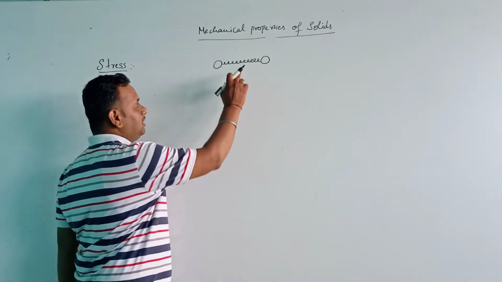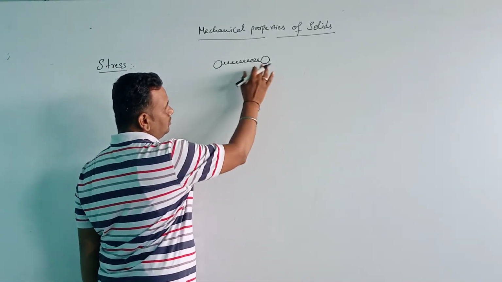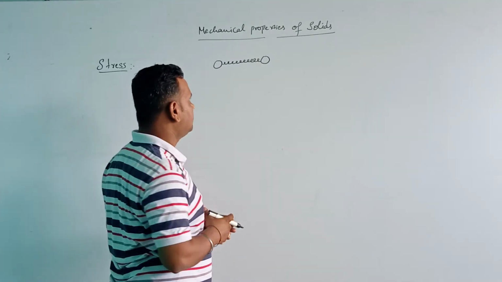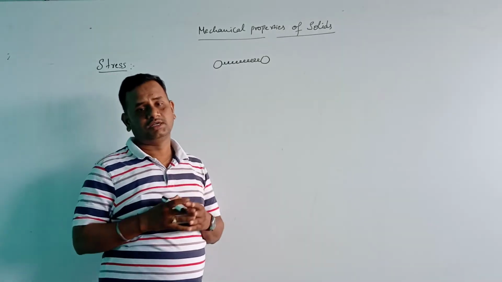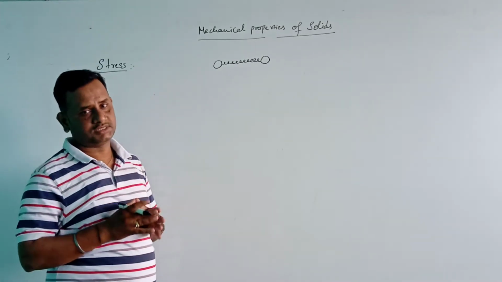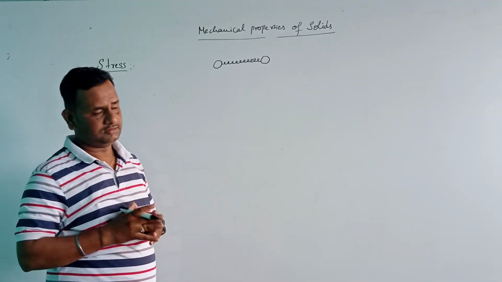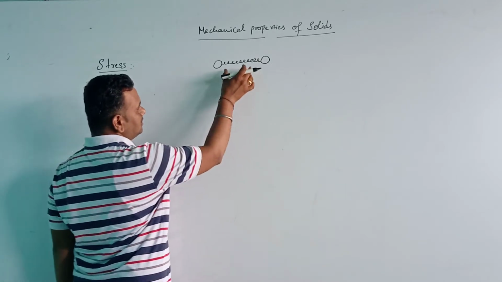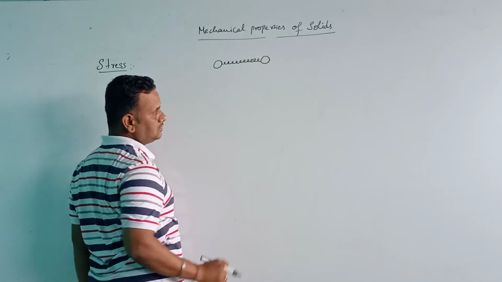Here the spring means the intermolecular force between the two molecules present in a solid. As I said, a solid is a material having a definite shape and size, where the molecules are systematically arranged. Here I am considering two balls; these are the two molecules.